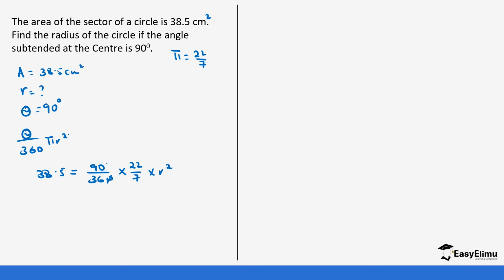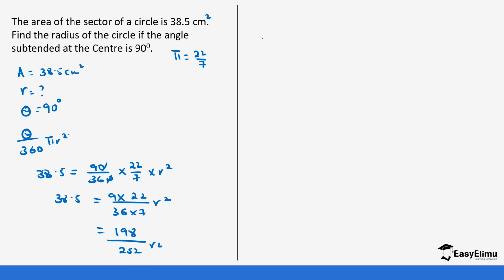So this is the same as 38.5 is equal to 9 times 22 over 36 times 7 r squared. So let's do 9 times 22, which gives us 198, over 36 times 7, which gives us 252, r squared.